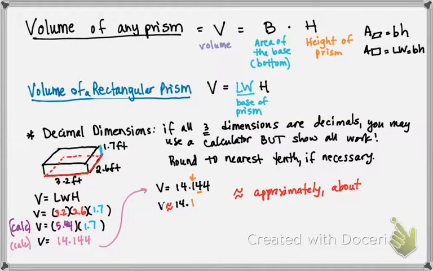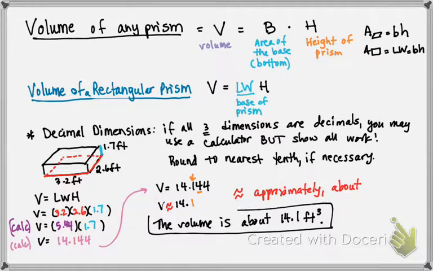So when I write out my answer, I say the volume is about, and I use about because it's fewer letters, about 14.1, and here comes your labeling. I've got feet, but since I'm multiplying feet times feet times feet, feet shows up 3 times. So that would be my answer to this problem.